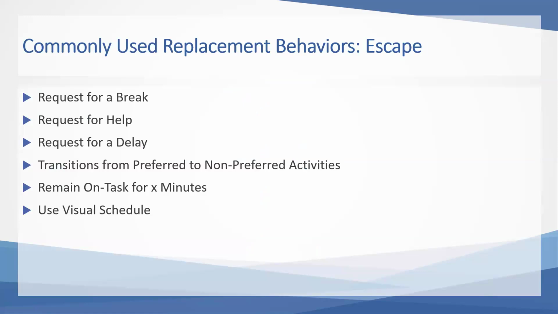Obviously, we all like to relax. No one really likes to do work. No one likes to go to doctor's appointments and these kinds of things, but these are a part of life. And so learning how to deal with and tolerate those transitions from the things we like to the things we don't is also a pretty key goal to be working on.